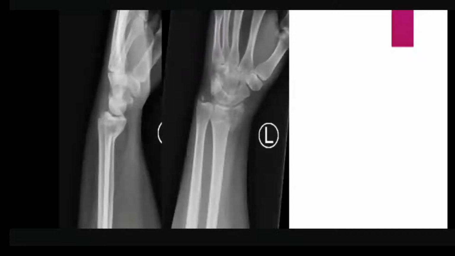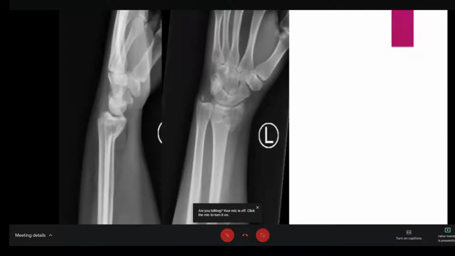So in this particular case, whenever we are commenting upon the displacement of the fracture, it will be in relation to the proximal part. The proximal part consists of the radius shaft, and the distal part consists of the articular part of the distal radius with part of the metaphysis and the carpal bones, that is the hand. Got my point?